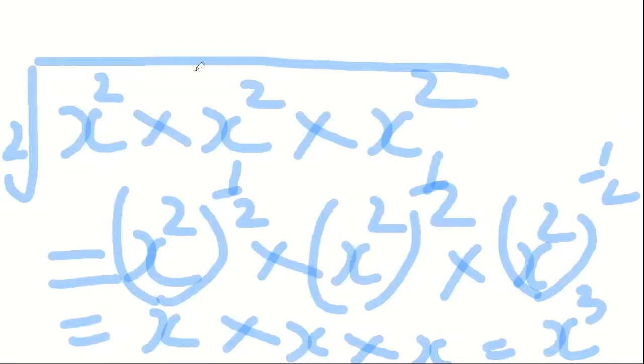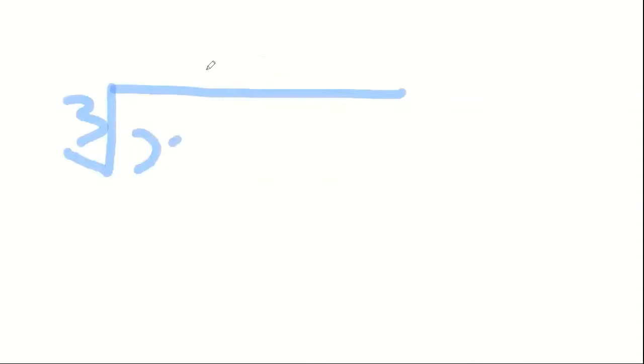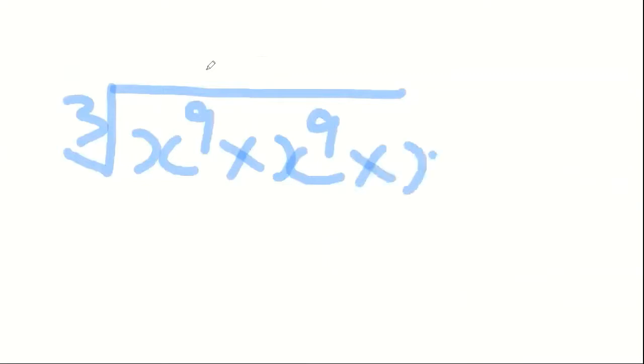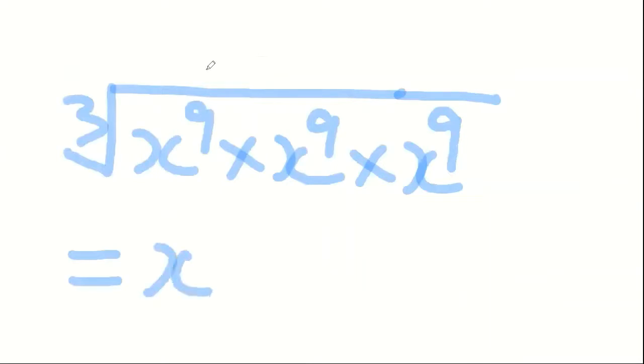Similarly, what do I see is I write this cube root. I write x^9 into x^9 into x^9. You know what it means? It means x raised to power 9 by 3.